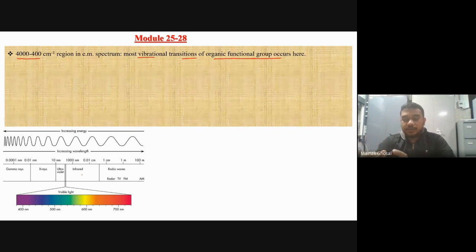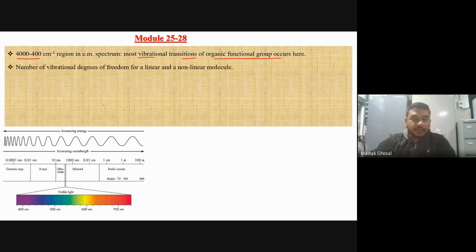Light passing through a molecule is partly absorbed and partly transmitted. When the transmittance spectrum is plotted against the range of energy, you see which electromagnetic radiation is absorbed by the group. There are certain rules about which group absorbs which radiation, and from there we can tell that this functional group is present in the molecule.